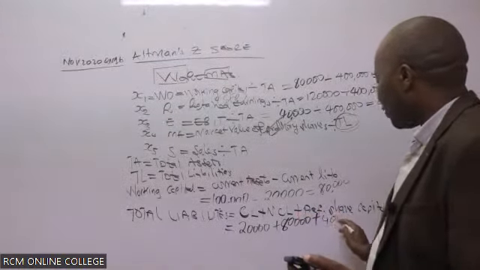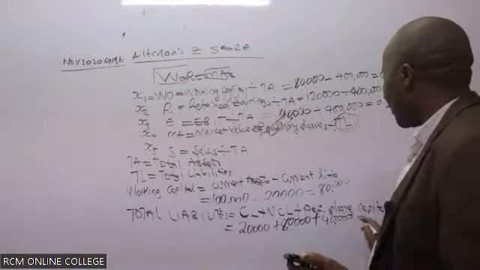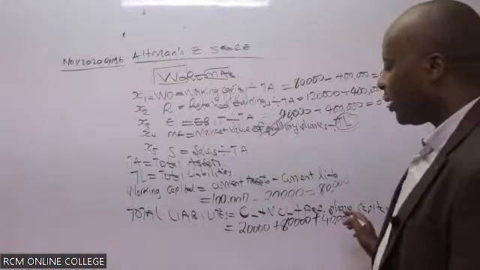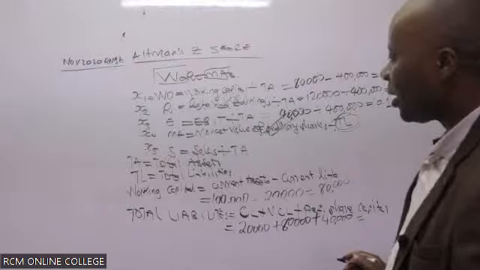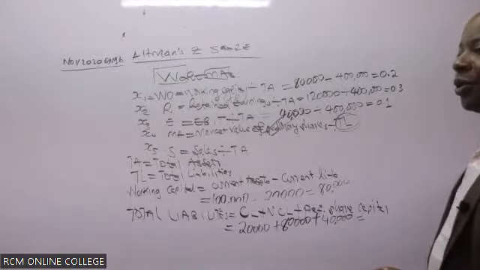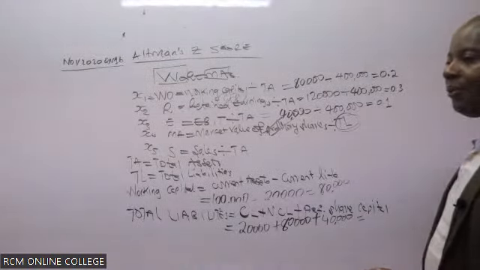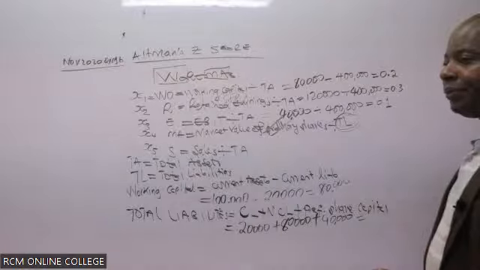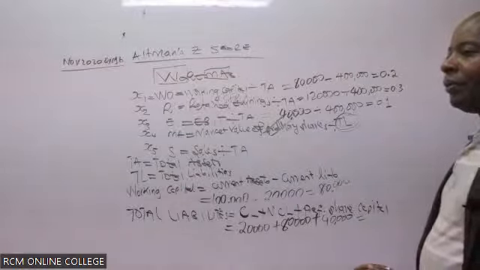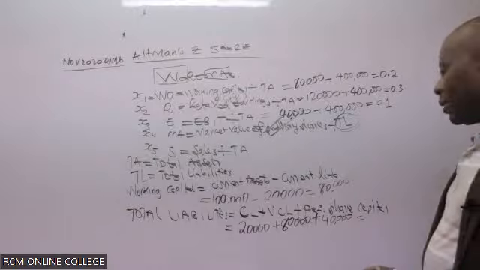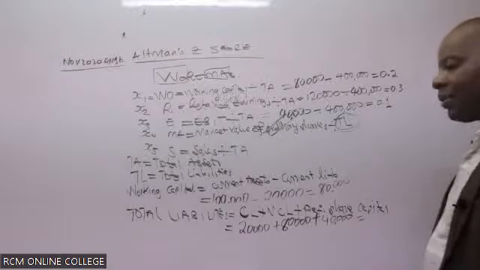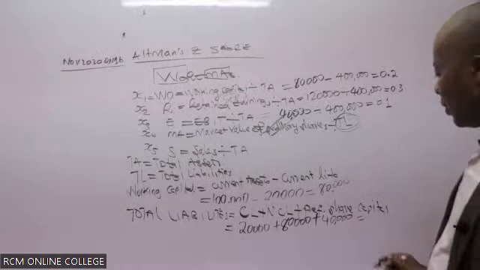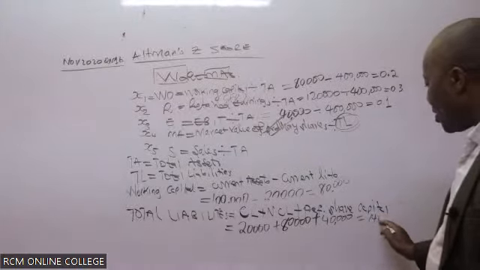So could you kindly give me the total liabilities here? 20,000 plus 80,000 plus 40,000 gives me 140,000.